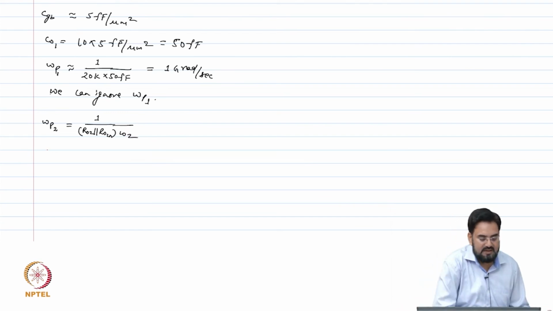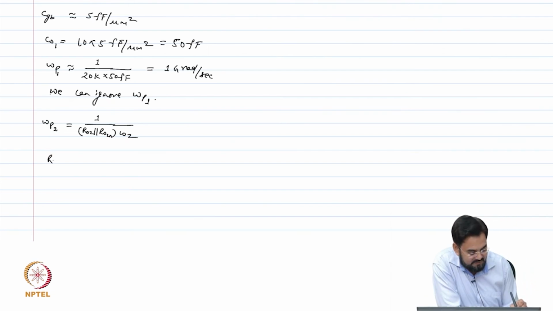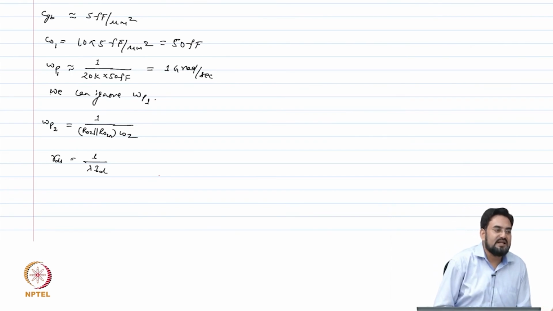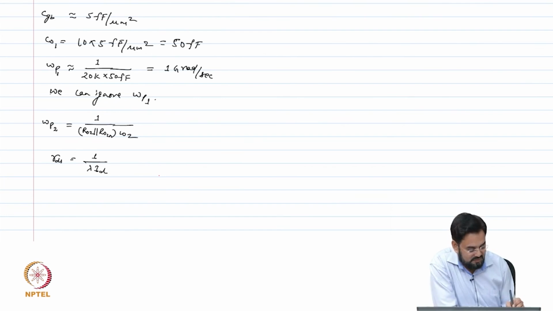So, how will you calculate RO1 and RO2? The currents are same. So, what is R out? Formula for R out, or RDS I would rather say. RDS is 1 over lambda ID. What is lambda? Channel length modulation, okay.